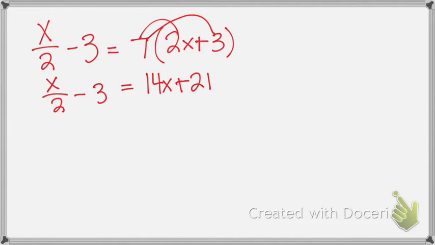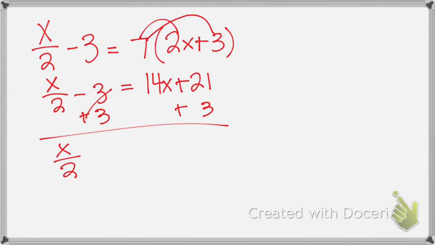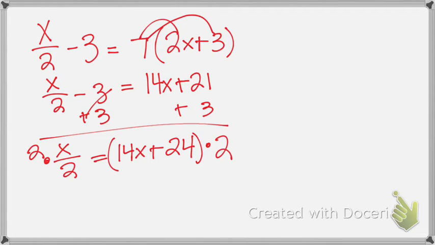Bringing everything else down. Next, we want to add the 3. They cancel here. All right, after we do that, we want to multiply by 2 on both sides to all terms.